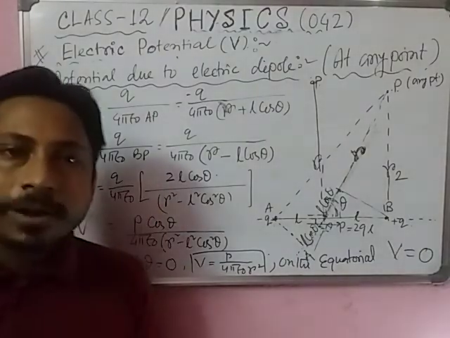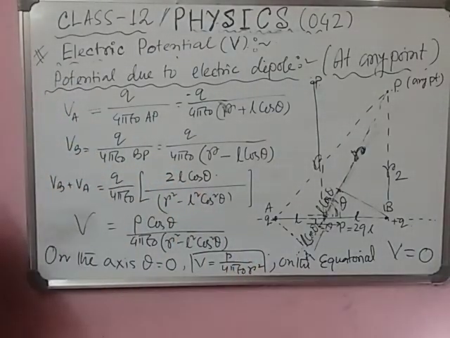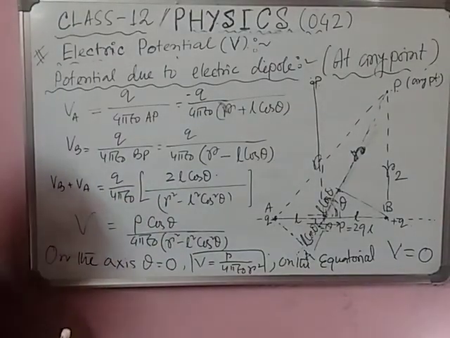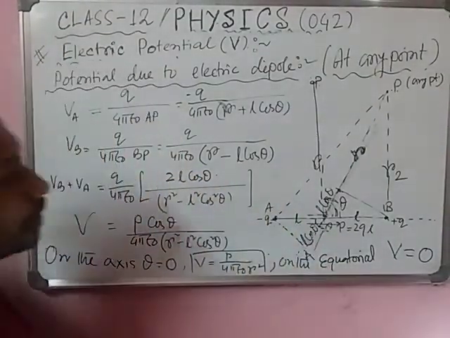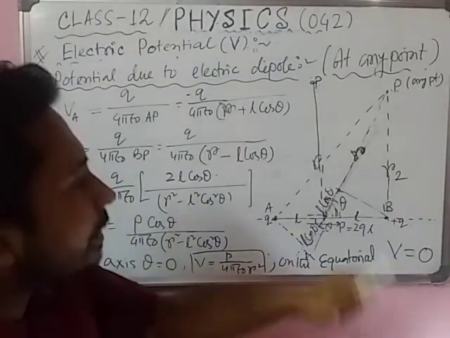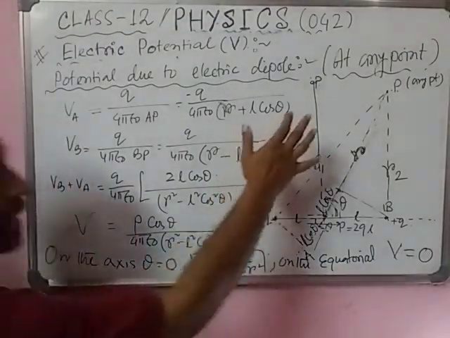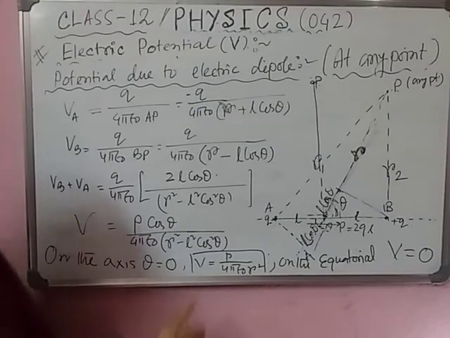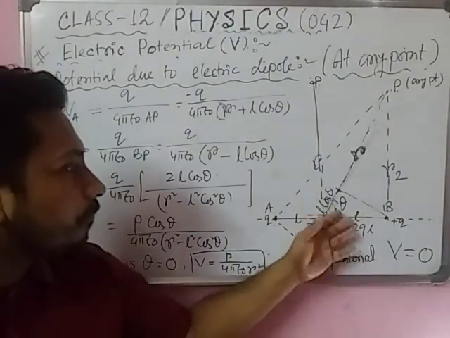Yes students, one more thing. There is a very important question. The question is, give one example where there is an electric field but no potential. You can give the example of this.